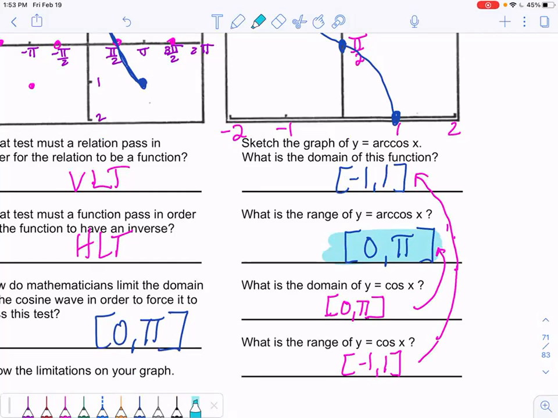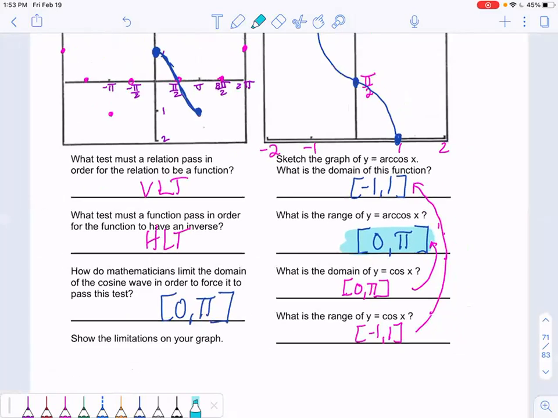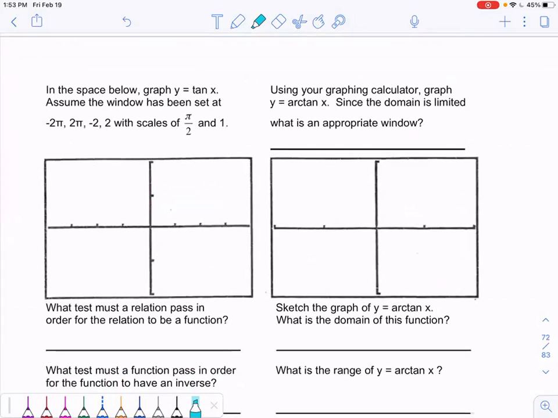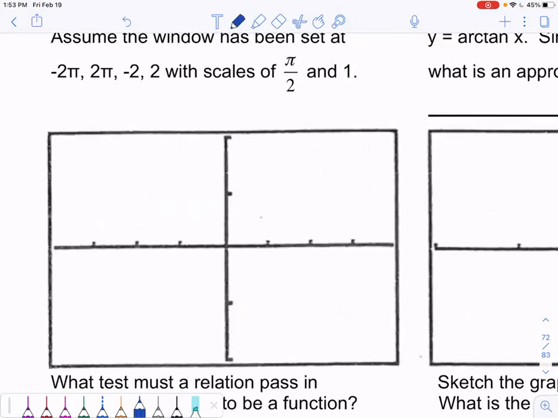All right, one more function, and that's our tangent function. Tangent is the function that has vertical asymptotes. We're only going to graph a little section of tangent. So we have pi over 2. I'm just going to go up to pi.